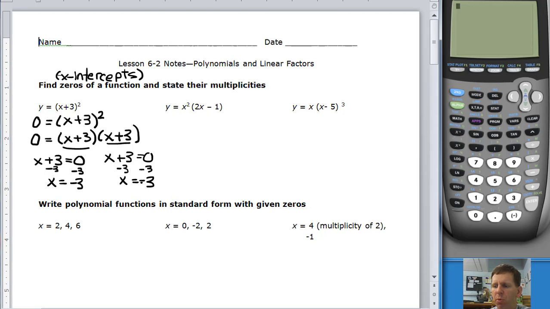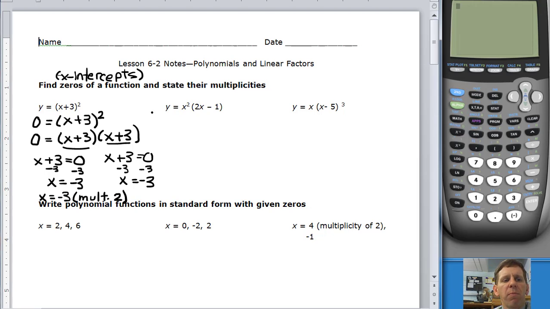We get negative 3 both times, so we say the answer is x equals negative 3 with a multiplicity of 2. You can abbreviate multiplicity M-U-L-T. There's one solution, it comes up twice, so there are two multiples of the same answer. We say x equals negative 3 with a multiplicity of 2.